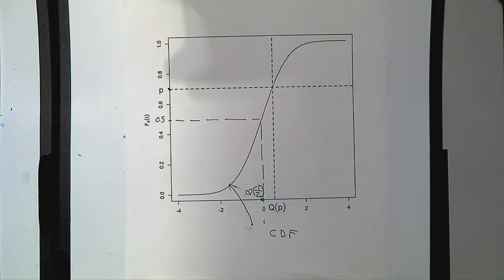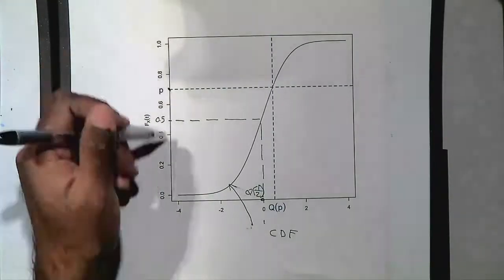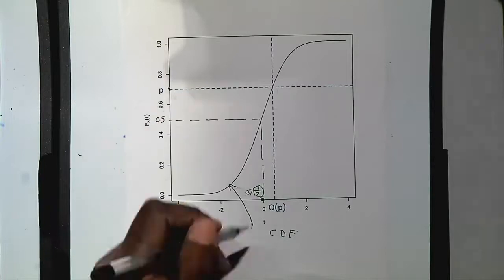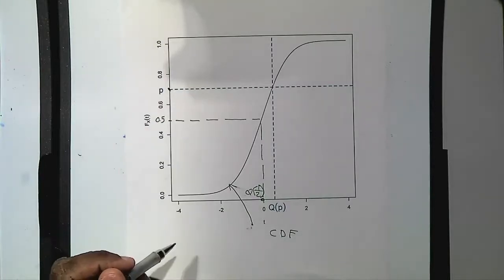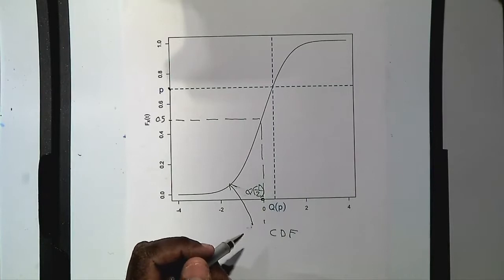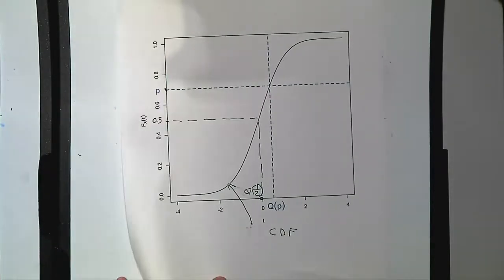So if you want to visualize what a quantile, or Q of P, is, all you have to do is draw the CDF of the distribution, like we did here, then choose the value for P along the vertical axis and project it down to the horizontal axis, and what you get on the horizontal axis is the Q of P, right? So for different P's, you can get the corresponding Q of P.